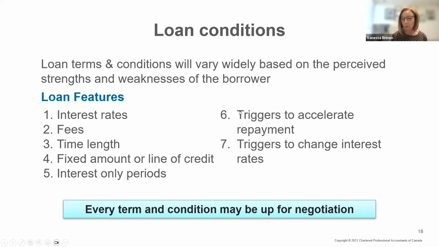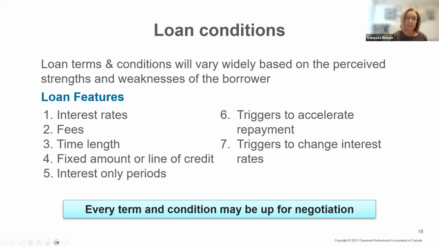You have to be aware of what your contractual obligations are when you're signing. So go through that loan with the banker and also with a lawyer. There also might be a trigger to change interest rates. Again, if you're offside on one of those ratios, you might end up with a change to the interest rate. It might get increased.